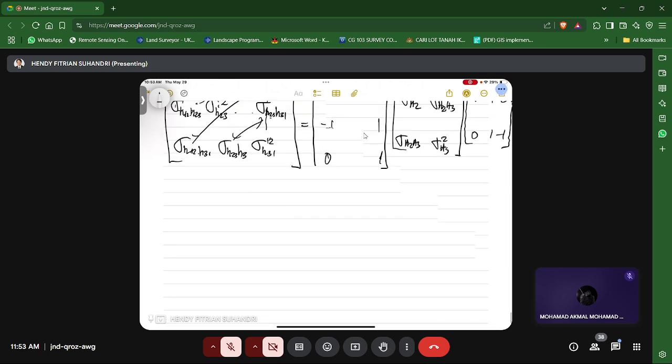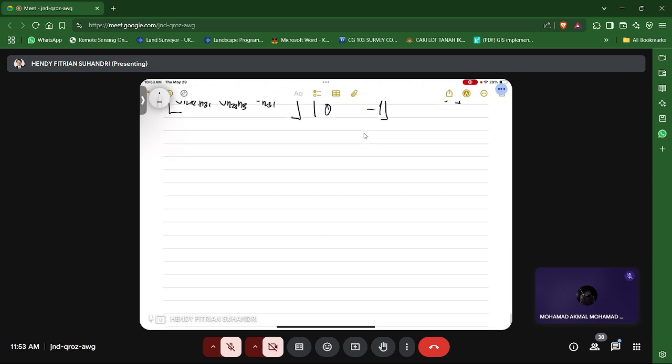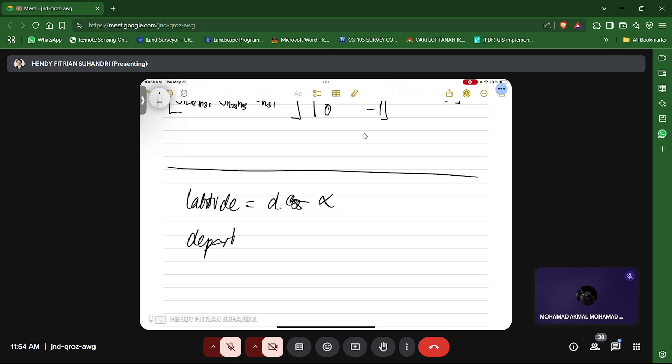Latitude tu apa dia punya ni? Latitude, D times cosine alpha. Okay. Departure, D times sine alpha.